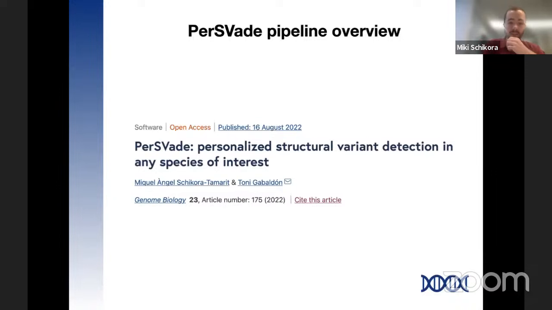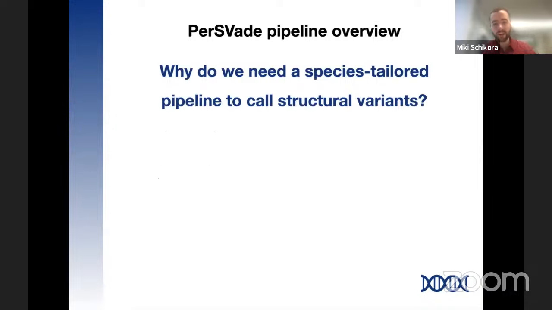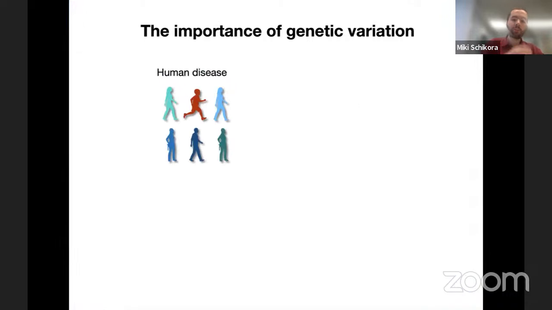Which is basically what we report in this paper from a couple of years ago. I want to start by stating why we believe that we need a species-tailored pipeline to call structural variants. And this goes to this very, very broad thing, which is genetic variation, that is related to many fields.